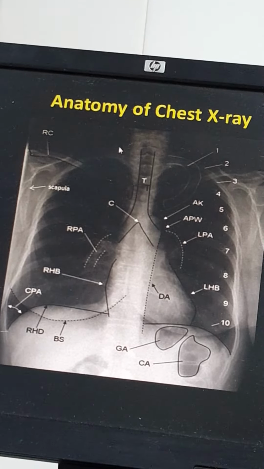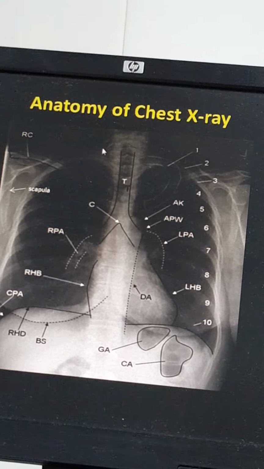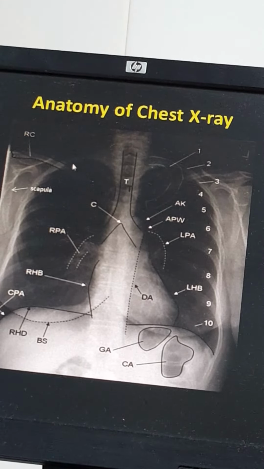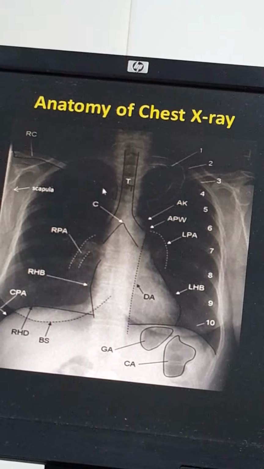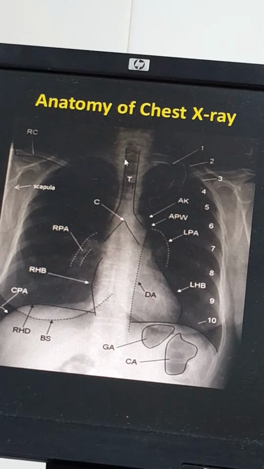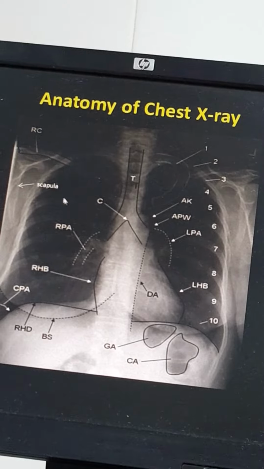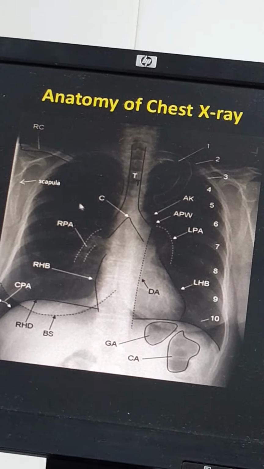This is the first thoracic vertebra, and that is the first posterior rib. If you follow that rib and come anteriorly, that will be the first anterior rib. This is the second thoracic vertebra, so that's the second posterior rib. If you follow it, it comes anteriorly.